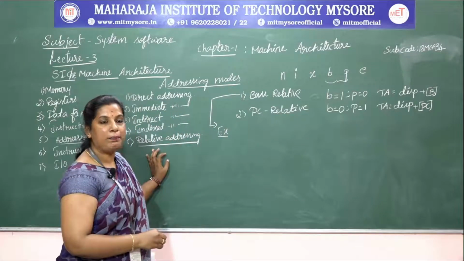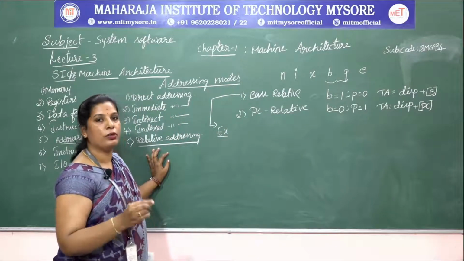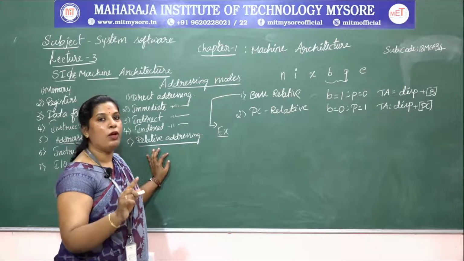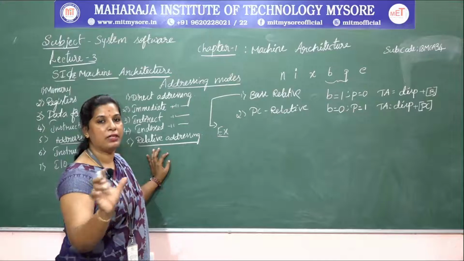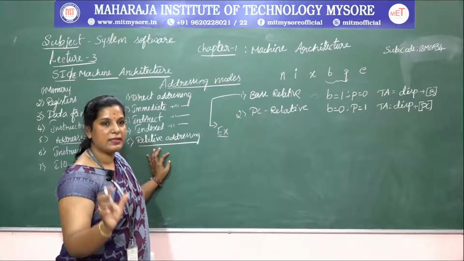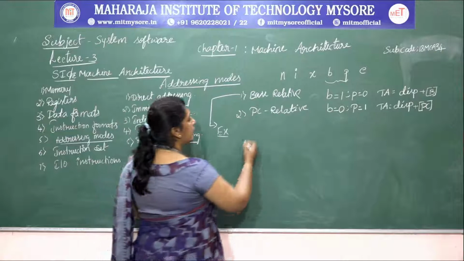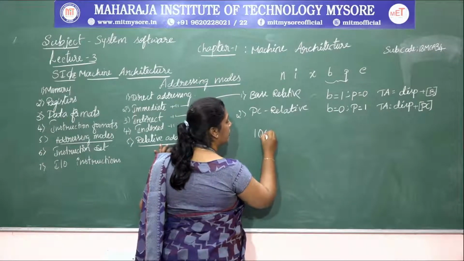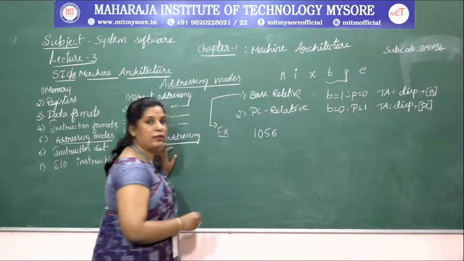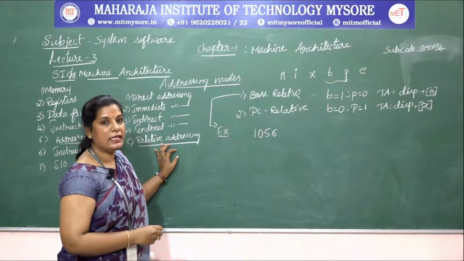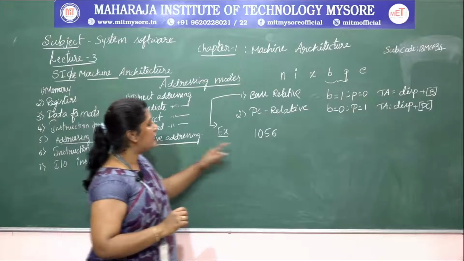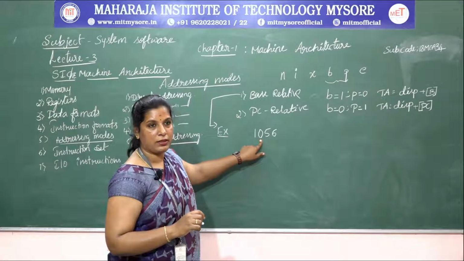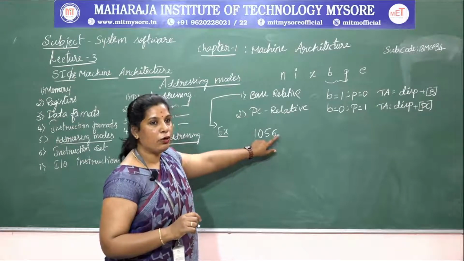Let's take a simple instruction from the example given in the textbook. The program is at page number 60, that is the SIC/XE program. I have taken the instruction which is at memory location 1056.